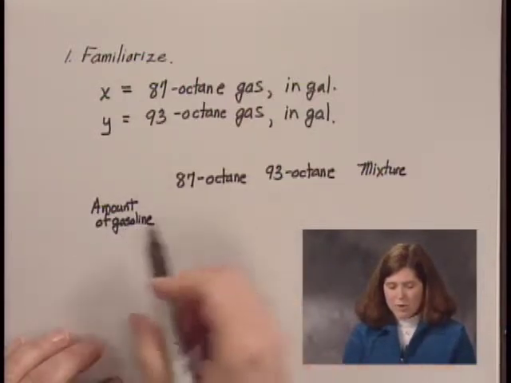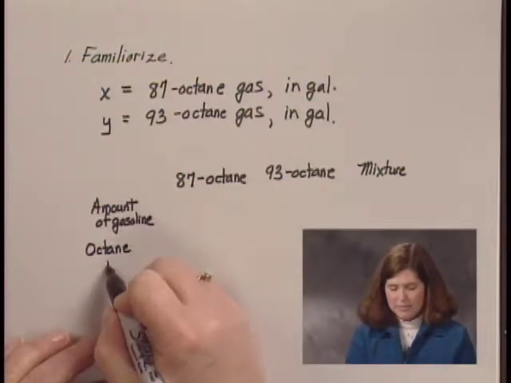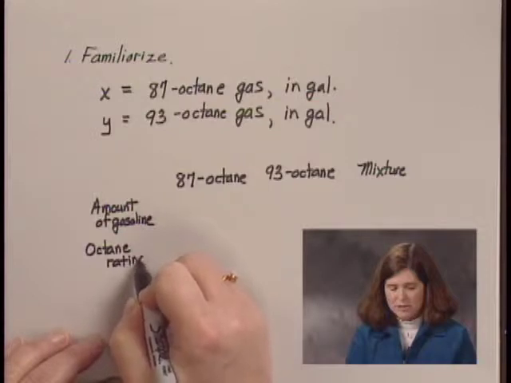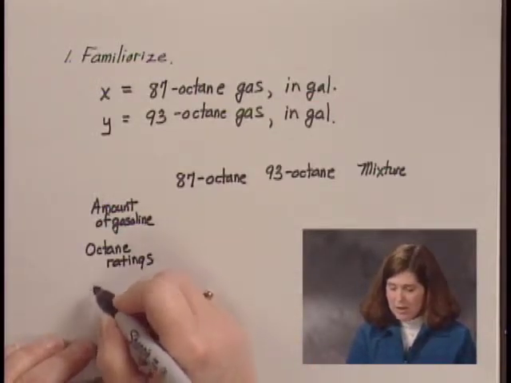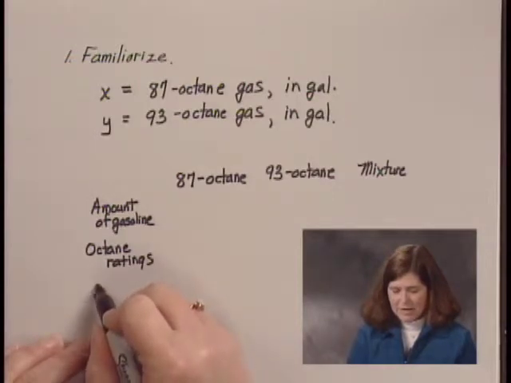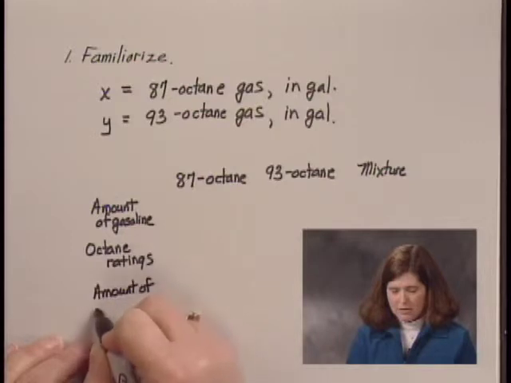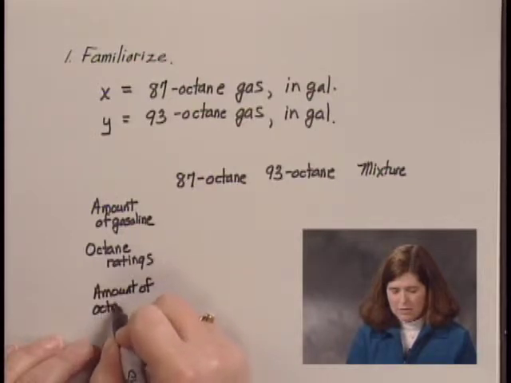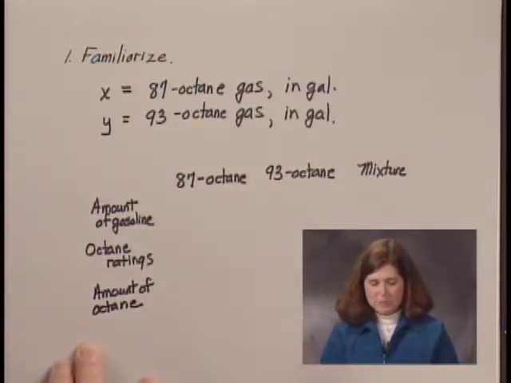In the middle row, we'll just write down the octane ratings to help us keep track of our information. And the bottom row, we'll look at the amount of octane, how the mixture and the octane are going to go together.